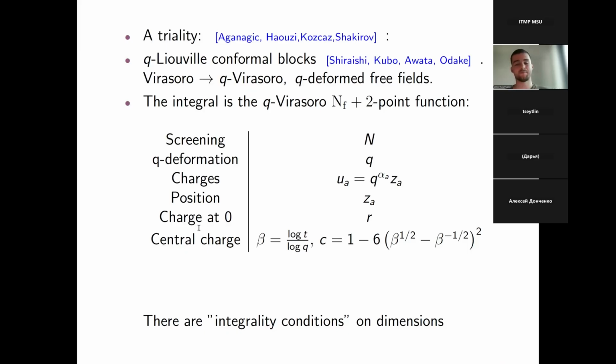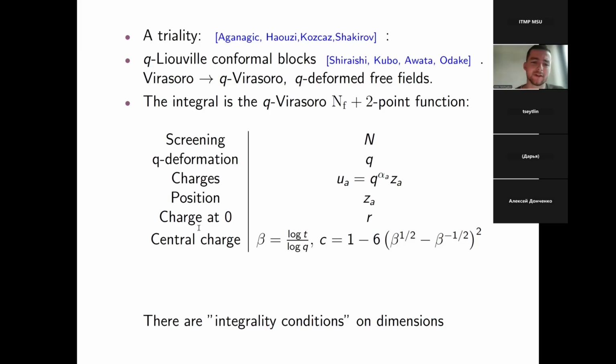So there's an exact dictionary, and so the duality. For now, we have a duality between these two theories on the technical level, on the level of exact answers, realized as an explicit equality between these two. So these two objects are given by the same exact integral.